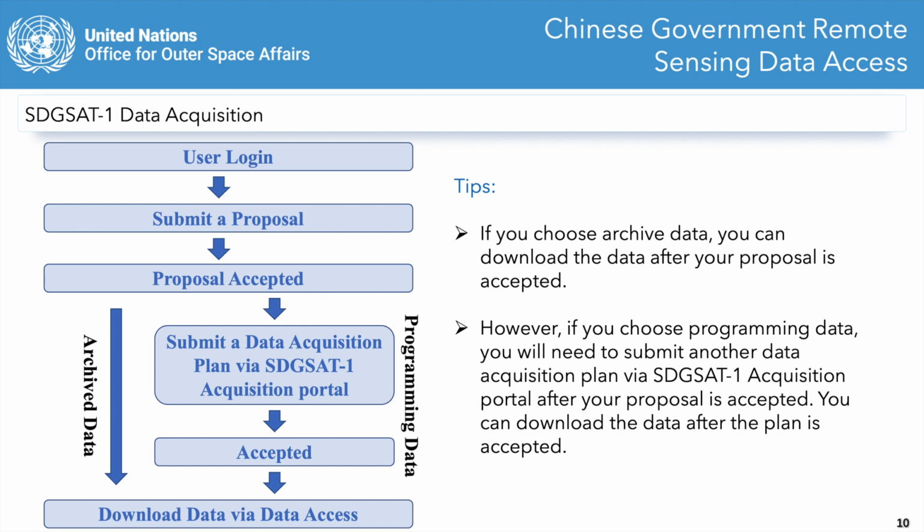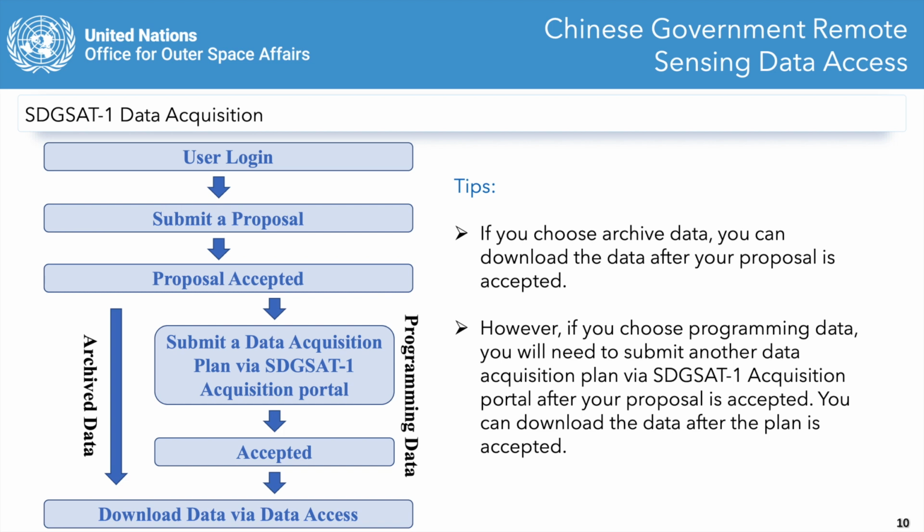This mode requires you to submit an additional imaging request and wait for satellite task scheduling before the data can be acquired. If your research does not require imagery from a very specific date or time period, archive data are usually recommended. However, if you need observations during a specific period, then the programming mode may be more appropriate.